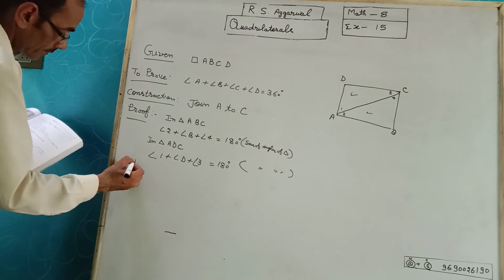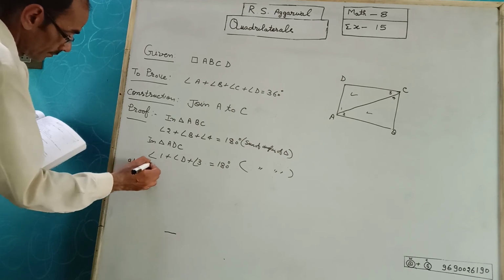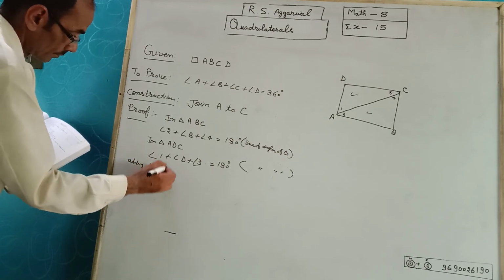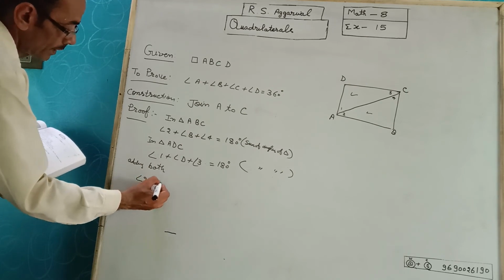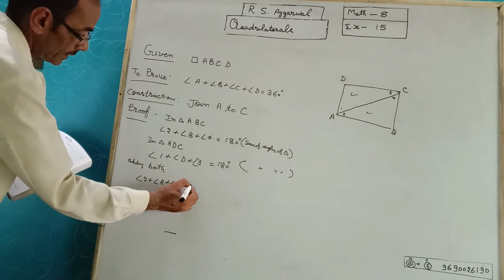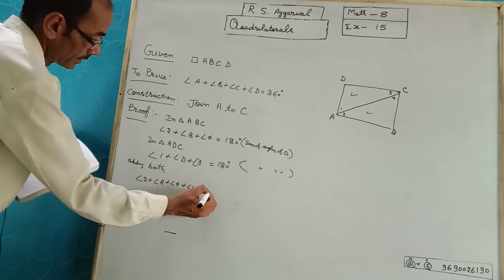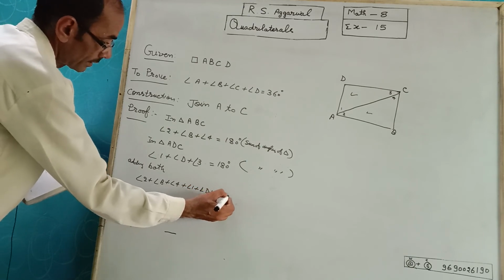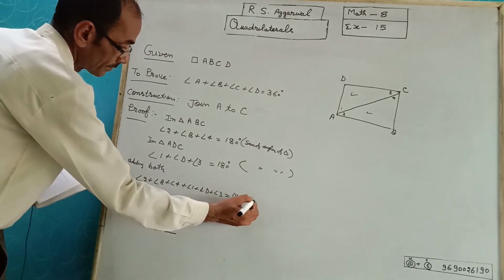Adding both: angle 2 plus angle B plus angle 4 plus angle 1 plus angle D plus angle 3 is equal to 180 plus 180.